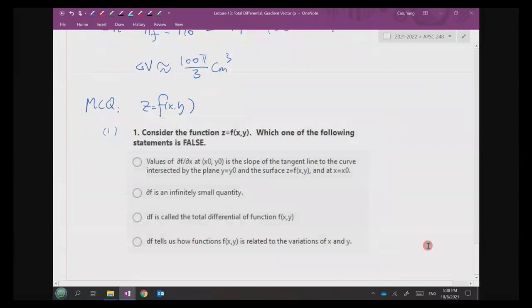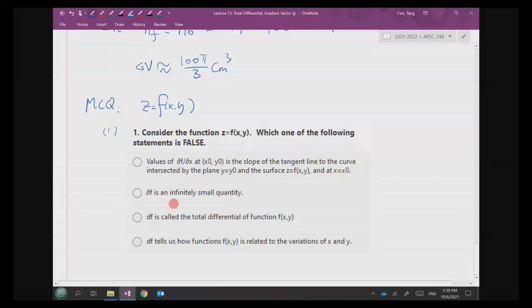So let's read it together. Given this function, consider which one is false. First statement, the value of this partial derivative at x naught, y naught is the slope of the tangent line to the curve intersected by the plane y equal to y naught and the surface z. You don't have to answer, just think about it now and answer at the end.